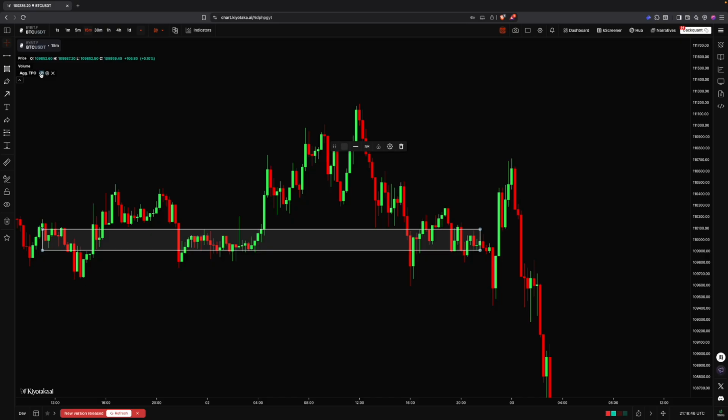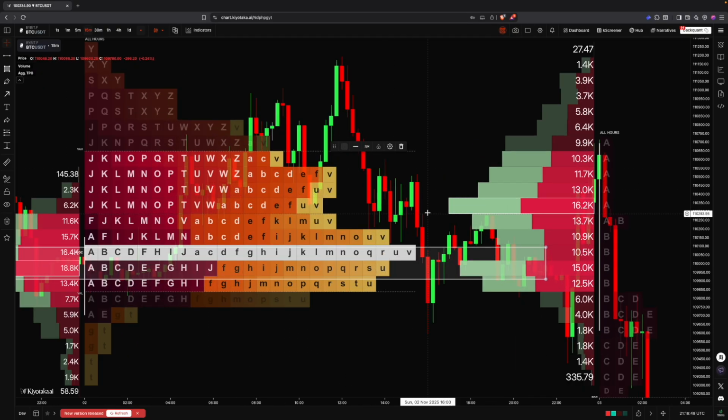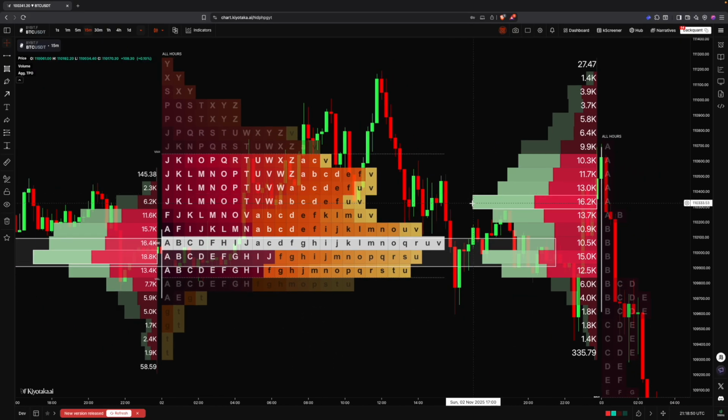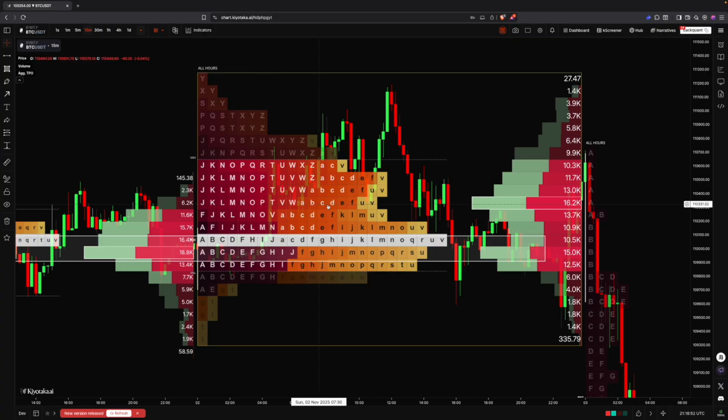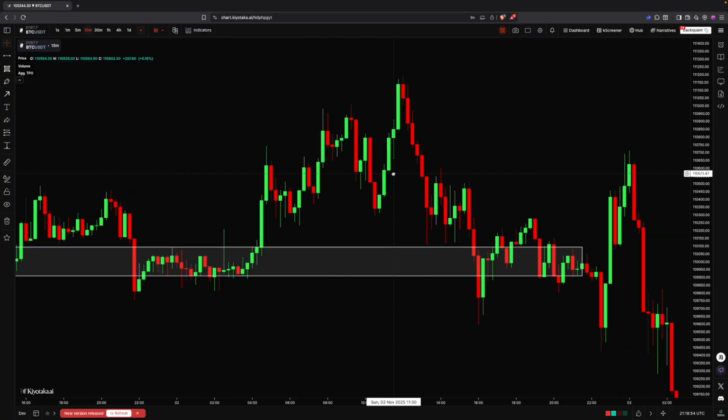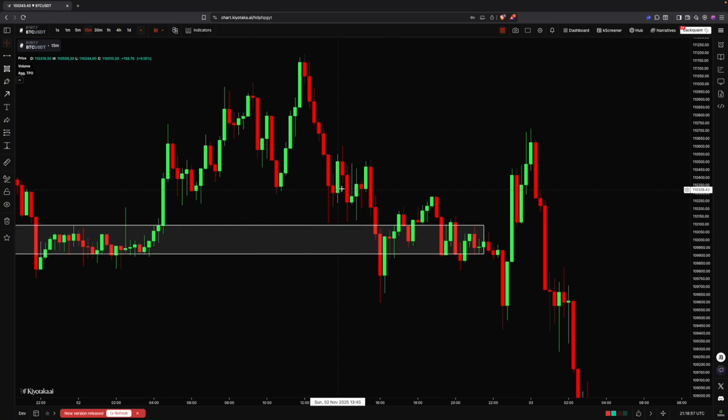So if you're trading a breakout, which is imbalance, maybe not a breakout based on the TPO, but maybe a breakout of this range here, you know that the market is in balance and it's ranging. It's finding balance here. This is where buyers and sellers are showing up, and then you catch a second move, right?